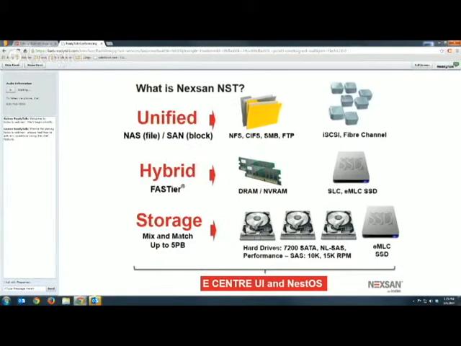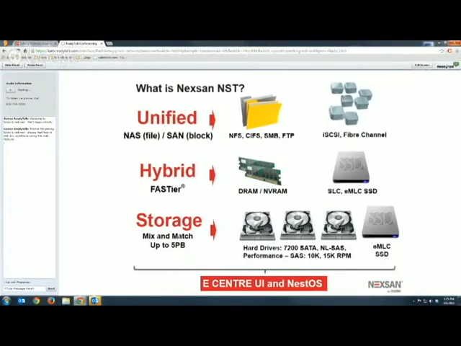I will mention that SLC is probably going to go away. The technology is close to reaching its end of life, and it's being replaced by eMLC because it provides much higher capacity at a relatively close performance for a much lower price. So you'll see SLC disappear from the market shortly.